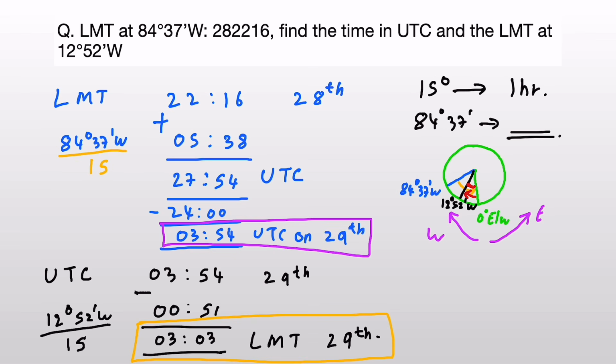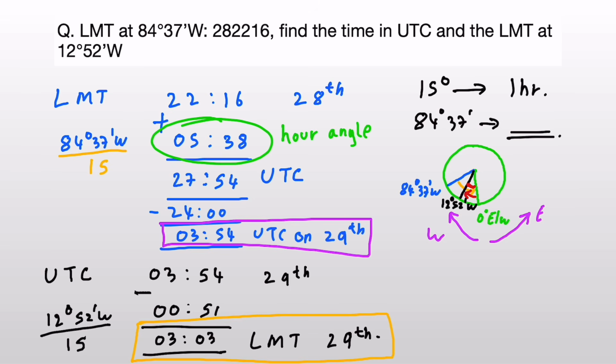Now there may be some questions in the exam where they just want you to find this time difference, and this is known as hour angle. So if there's a question which asks you to find the hour angle, don't get confused. They're just wanting you to find the change in longitude divided by 15 using your scientific calculator, and you get the hour angle, which is nothing but the difference in time between those two places.